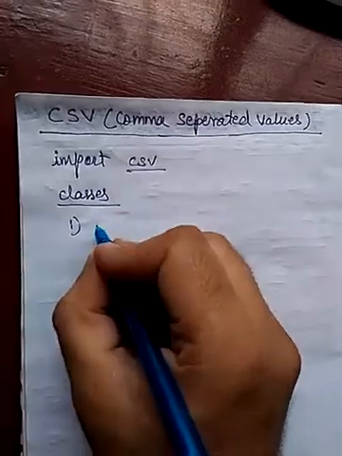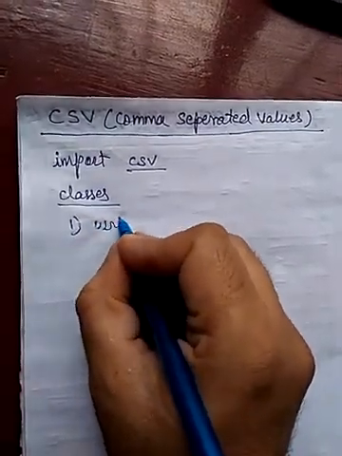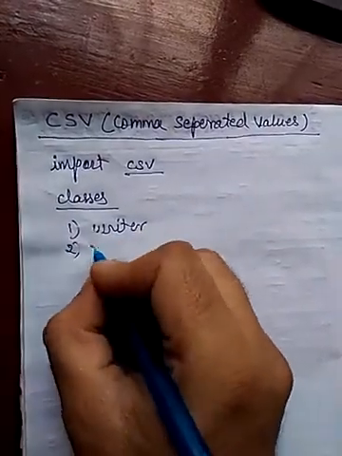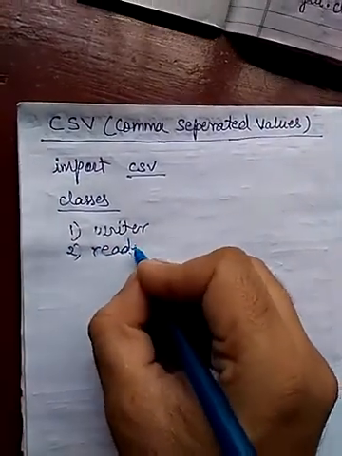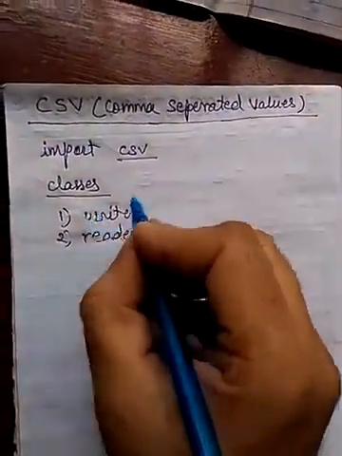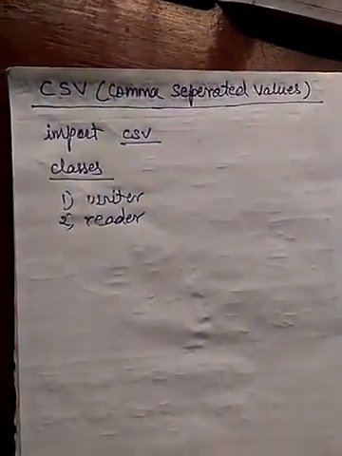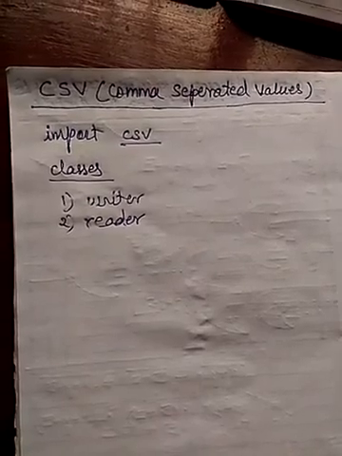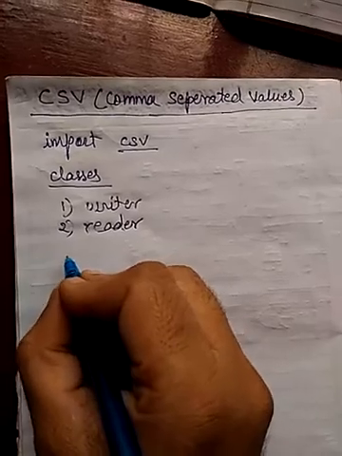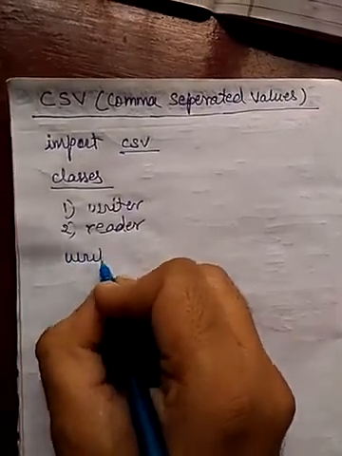One is writer class and second one is reader class. These two classes, writer and reader, contain functions to perform reading and writing operation.